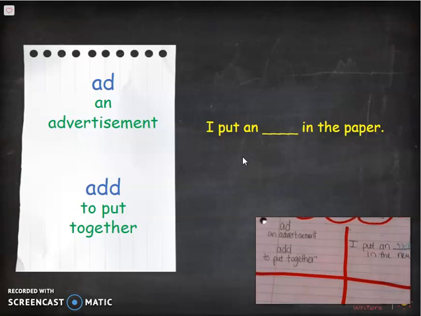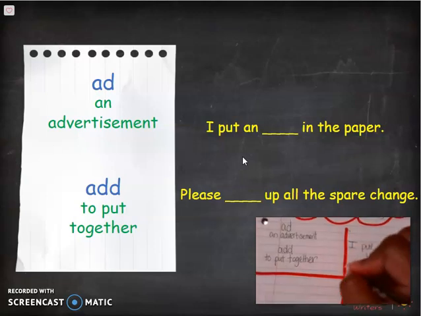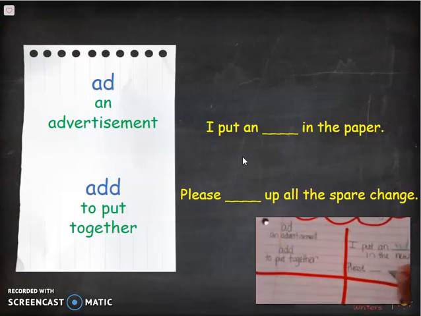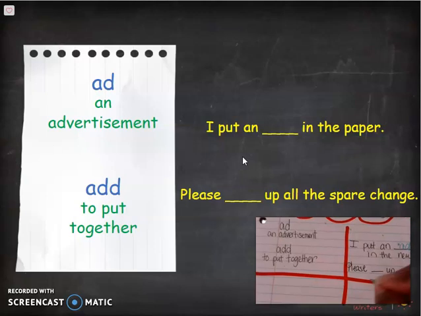I put an ad in the newspaper. On the contrary, if I had the sentence, please add up all the spare change, I would not be talking about ad like an advertisement. I would be talking about adding them, putting them all together, trying to figure out how many coins we have, and that would be ADD. Okay?